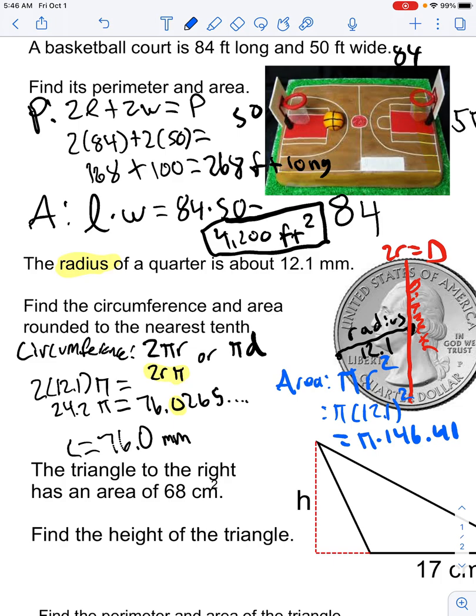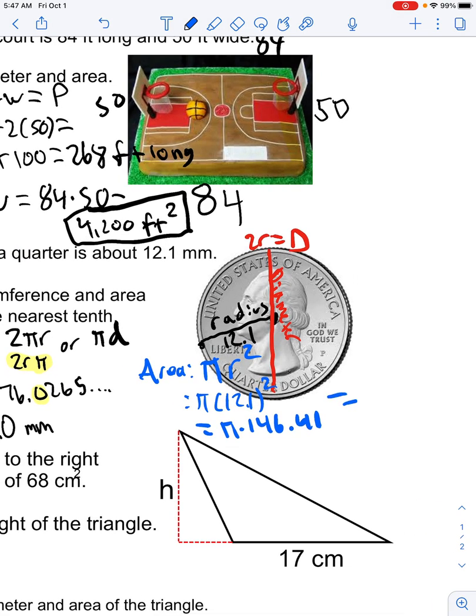When I multiply that by pi, I get 459.96058... Again, rounding it to the nearest tenth.